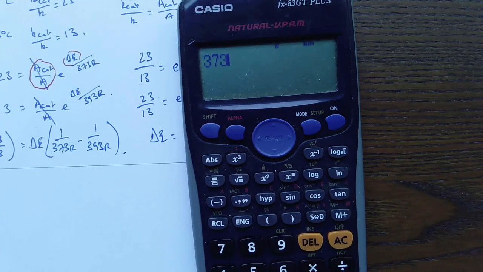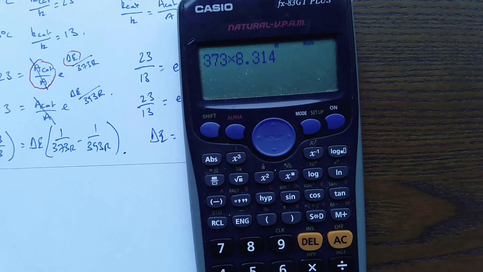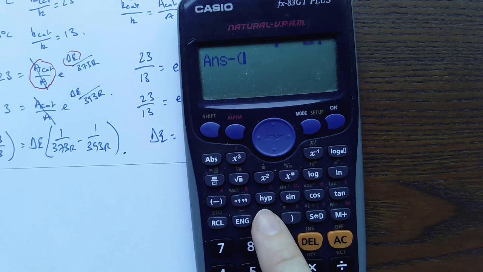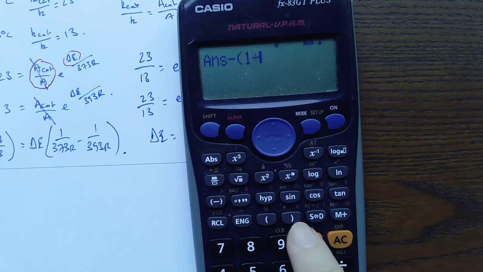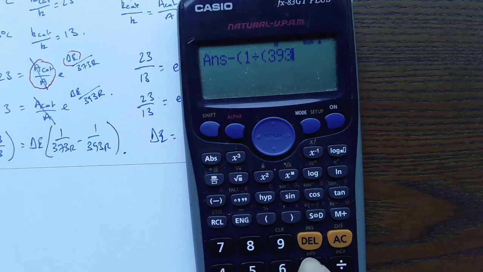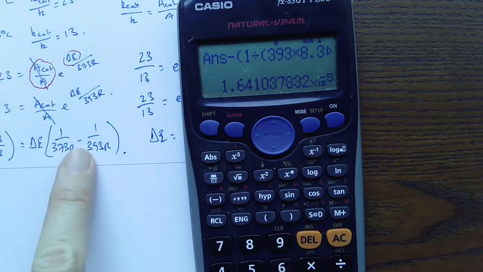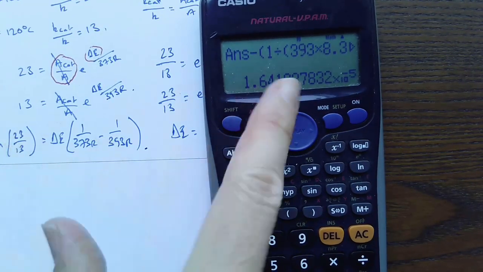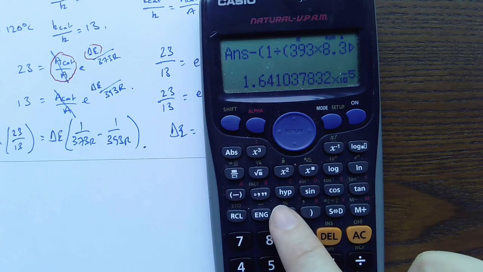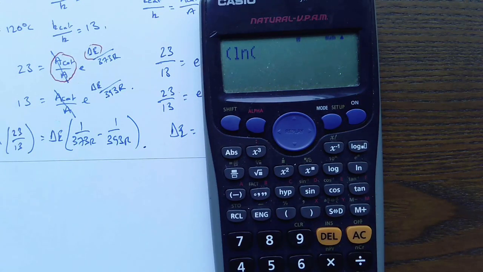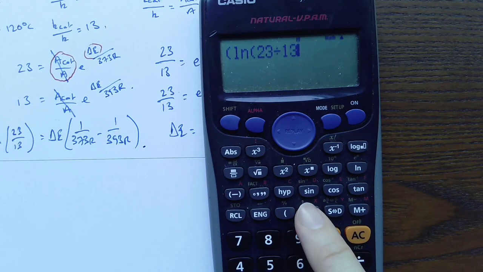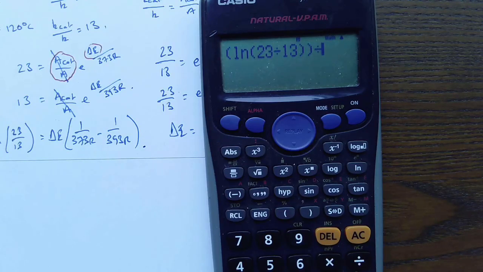So I'm going to do 373 times 8.314, 1 divided by that, minus 1 divided by 393 times 8.314. This could go wrong, couldn't it? Okay, so that's what's in the brackets, and then it's just this number divided by that. So it's going to be log 23 divided by 13 divided by the answer. Fingers crossed.